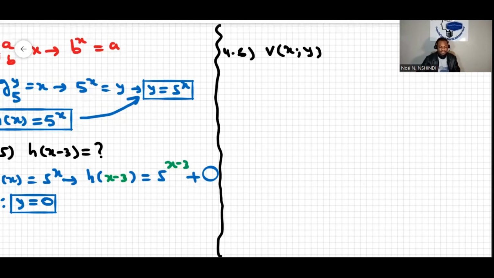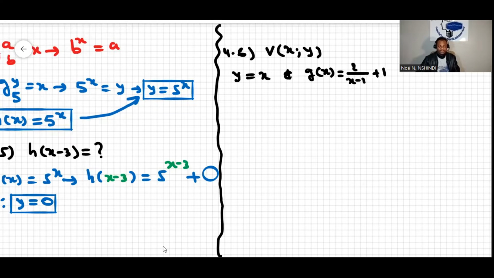V is in the intersection of the line y equal x and g of x, which is, I'm gonna rewrite it here, 2 over x minus 1 plus 1.